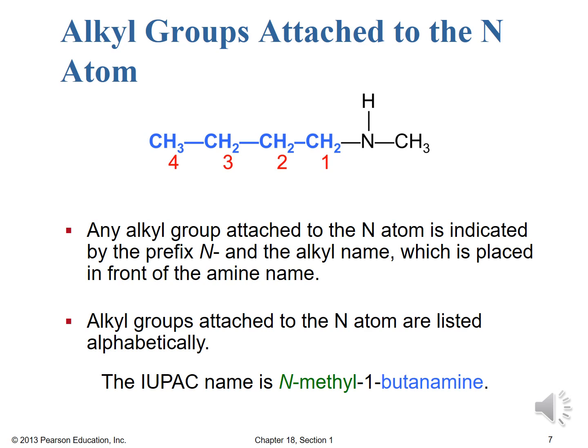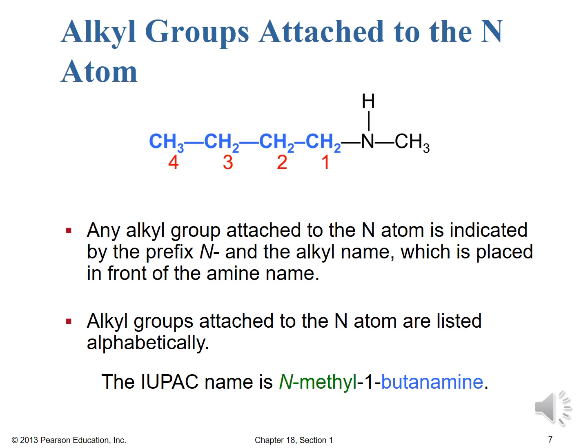So officially, if we put everything together now, those alkyl groups attached are listed alphabetically. In this case, we just have the methyl group, the other position's a hydrogen, but if we had, say, an ethyl group on the other position, then we'd name the ethyl group, then the methyl, but we'll handle that when it comes. So the IUPAC name for this particular structure is N-methyl-1-butanamine.